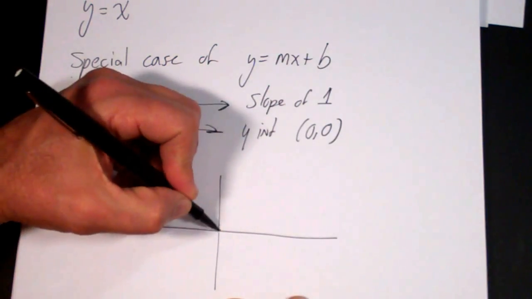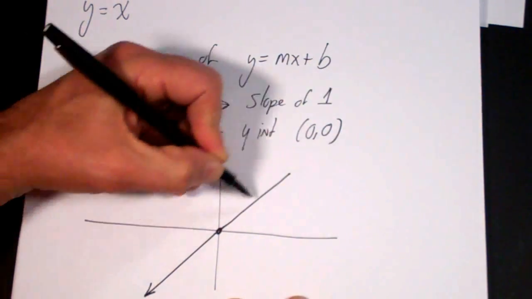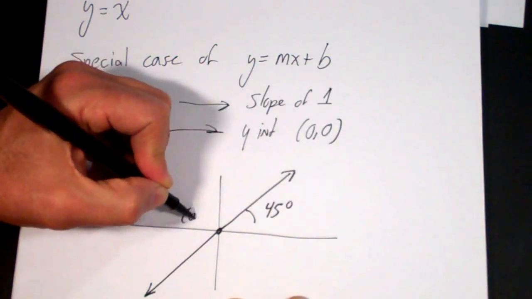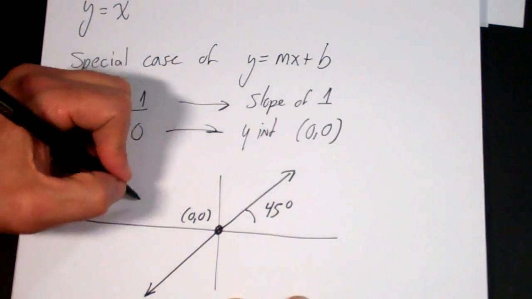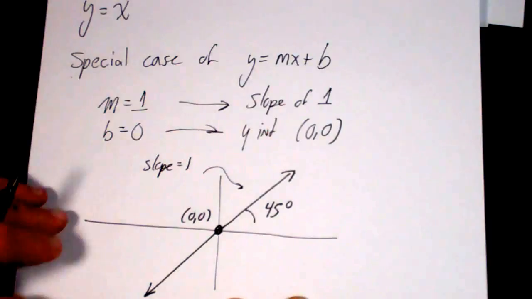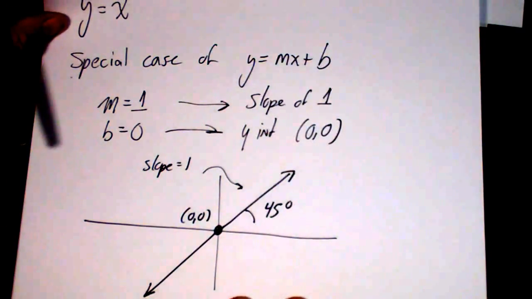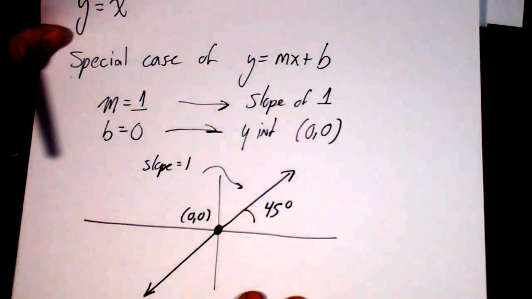The y-intercept is at (0, 0), and it's just a 45-degree line that goes through the origin, or through the point (0, 0). And the slope is always 1. And that's what that graph looks like. So if you're thinking about the properties of the function y equals x, then all you're thinking about is the properties of a line.